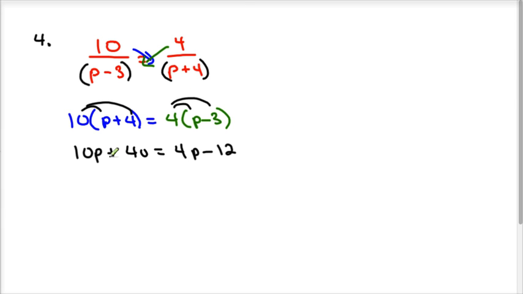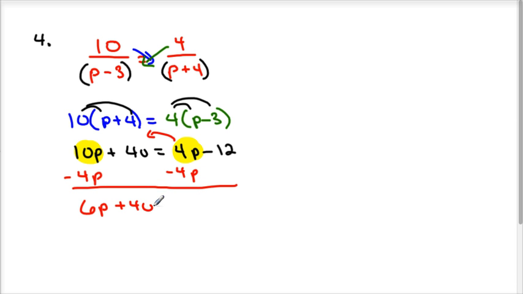So now I want my terms with p on one side. Let's start there. So I'm going to bring the 4p over to the left. So minus 4p, minus 4p. And this would leave me with 6p plus 40 equals negative 12. Okay, so I still want to isolate my 6p, so I want to bring my positive 40 to the left. So minus 40, minus 40.